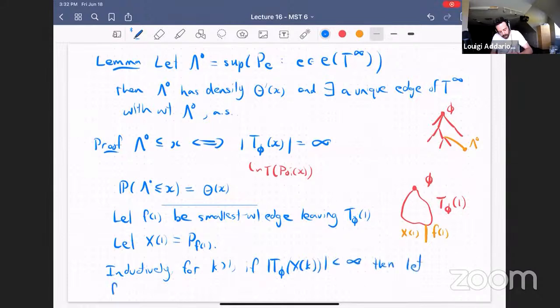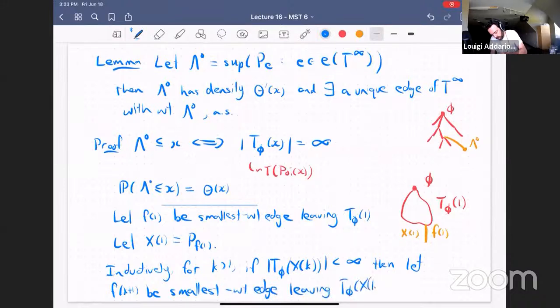So we'll let f_{k+1} be the smallest weight edge leaving this tree. Okay, and we'll again write x_{k+1} for its weight.